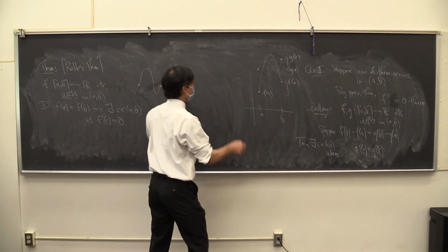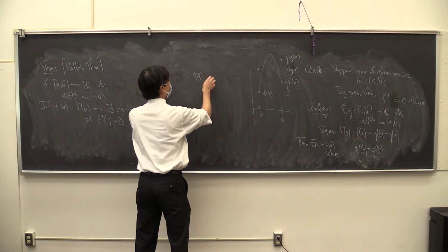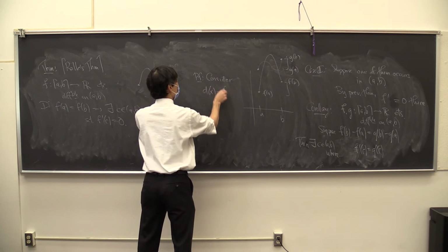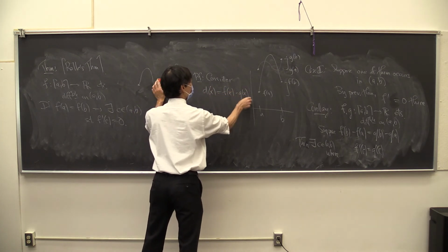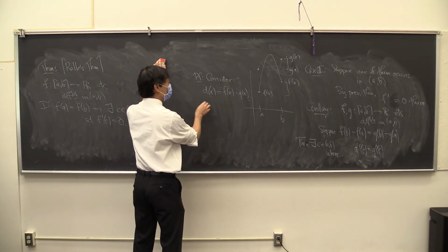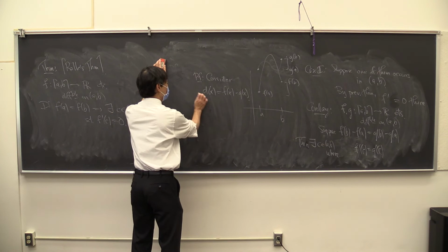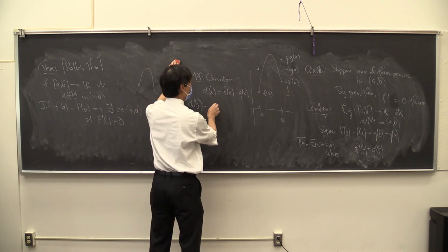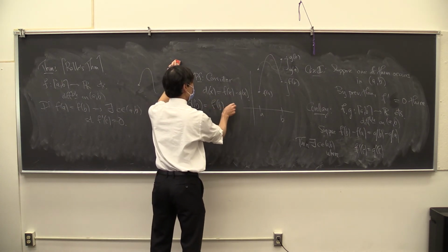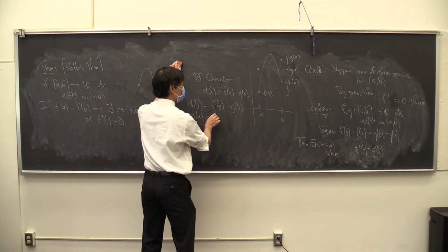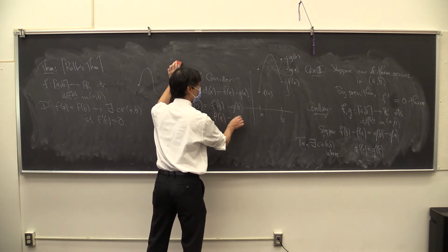Okay, and the way you see it is, of course, by considering the difference. So consider the difference d of x equals f of x minus g of x. Then d of b equals f of b minus g of b, d of a equals f of a minus g of a.